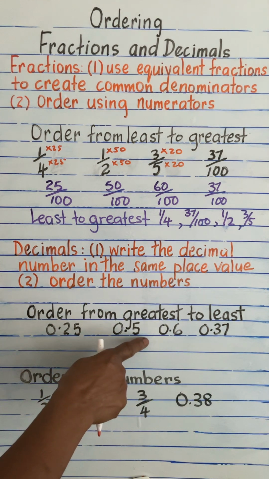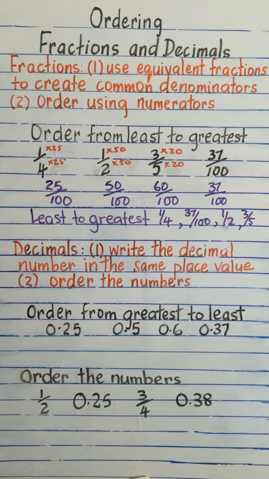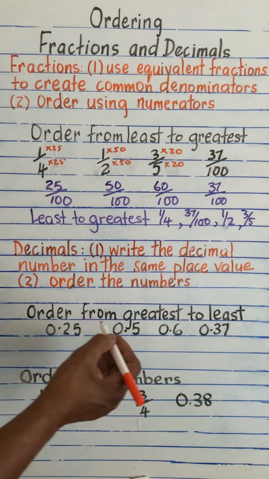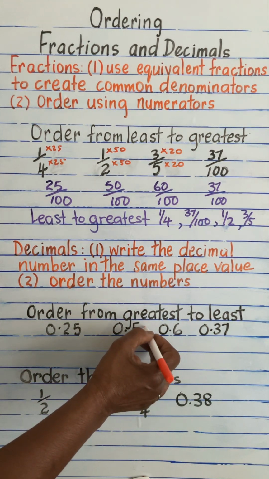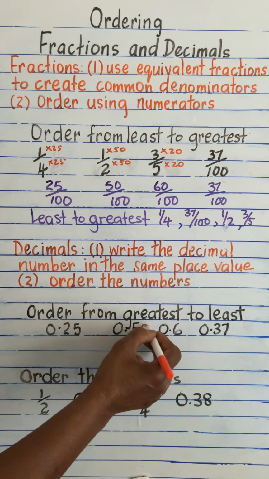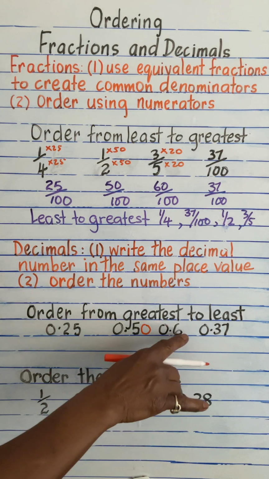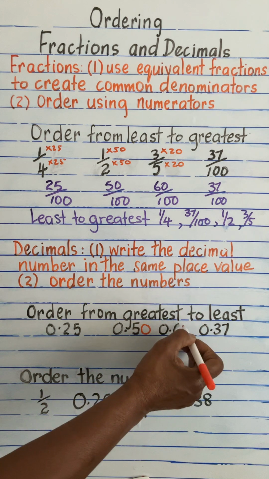We need to put a placeholder 0 at the end right here. Remember, when a 0 is the last digit, it does not change the value. So I'm going to put a placeholder 0 right there, and we also need to put a placeholder 0 right here.